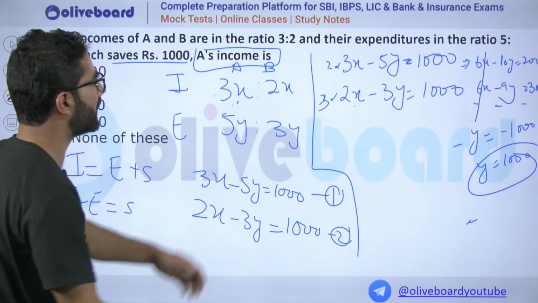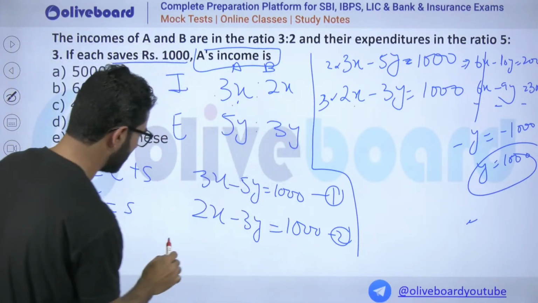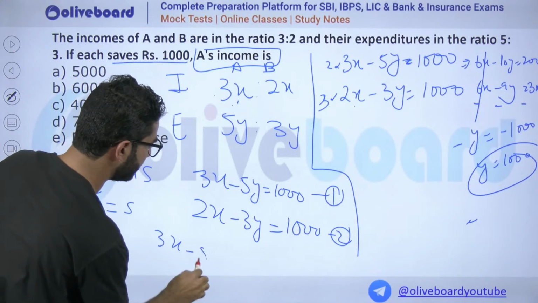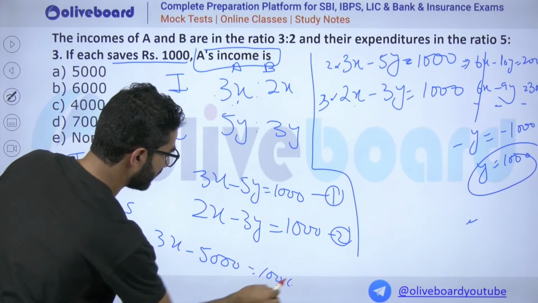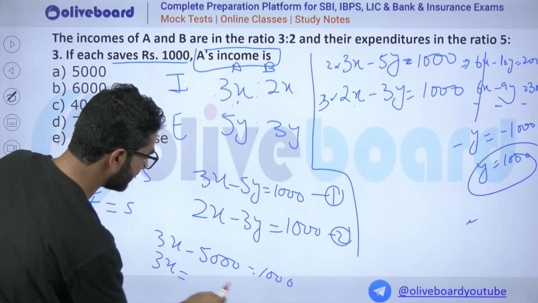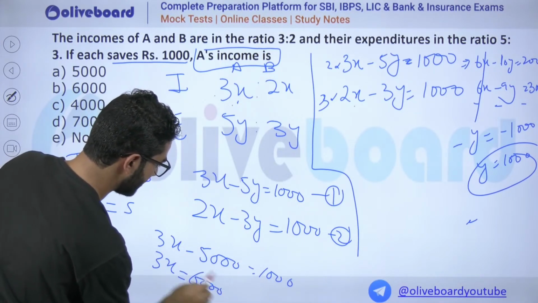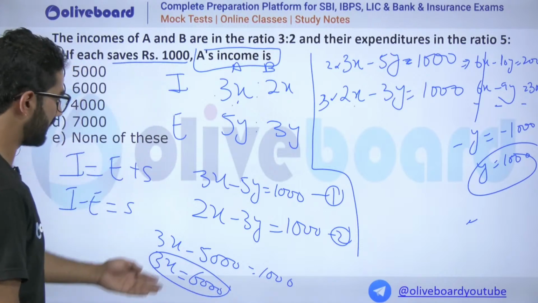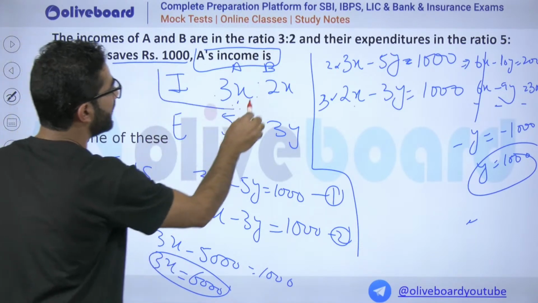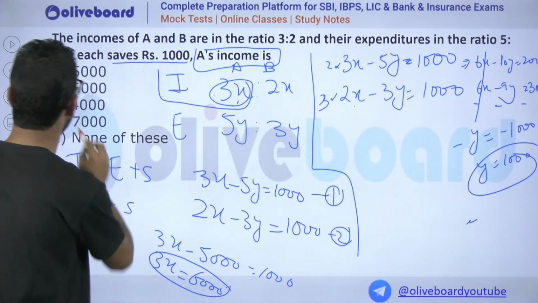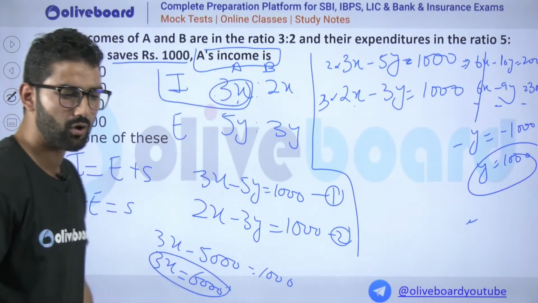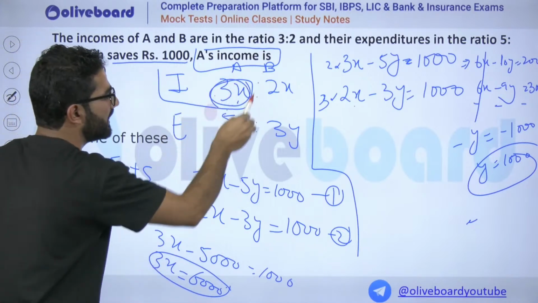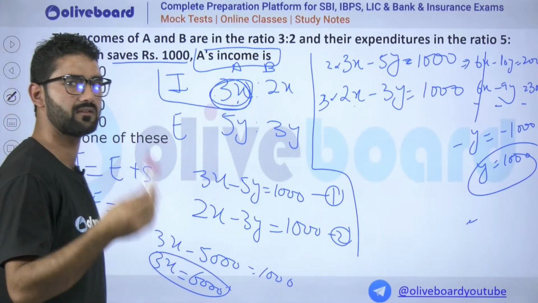What is actually asked? Income. Whenever income is given in terms of x, don't calculate y, just calculate x. You can put the value of y in any equation, my dear. So 3x minus 5000 equals 1000, so 3x is 6000. So you got the income of A, that is 3x, which is 6000. We got the answer, we don't have to calculate x separately. You can just write that the income of A was 3x, and we calculated the value of 3x, that is 6000.